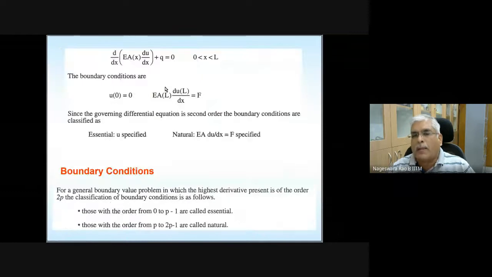Now it becomes a mathematical problem. Now we need to focus on how to solve this mathematical problem, what are the various techniques that we have. That is what we are going to focus on in the first few weeks of this course.